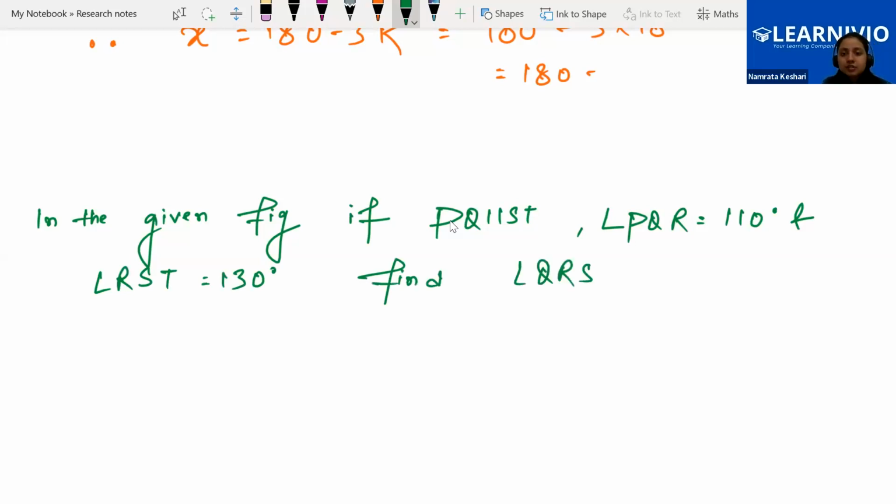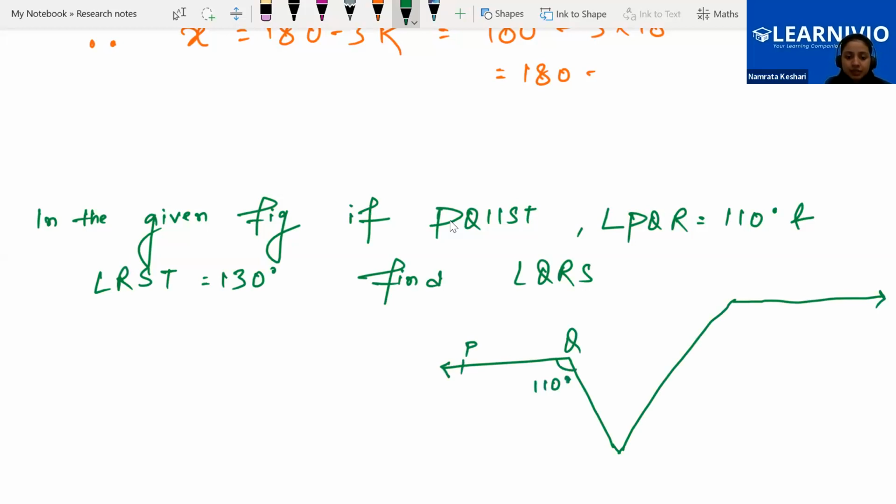The figure is given like this. Here it is P, this is Q, this is 110 degrees. Here we are having R, this is S, here we are having 130 degrees, and this is our T. Try finding angle QRS.